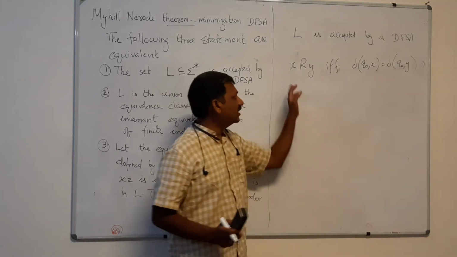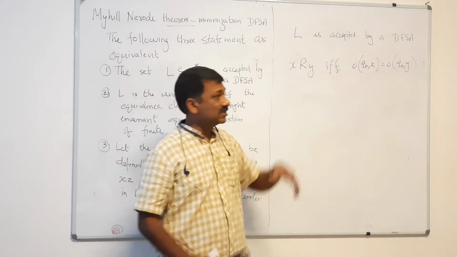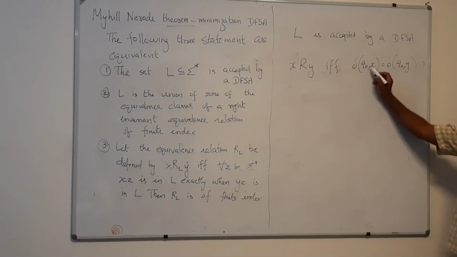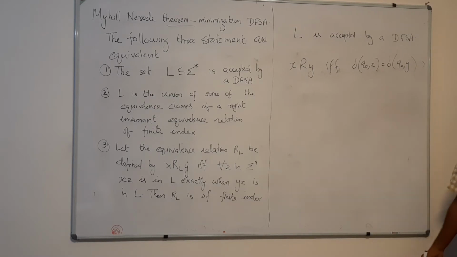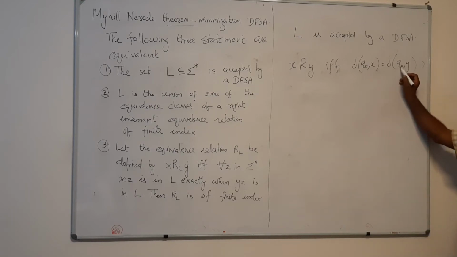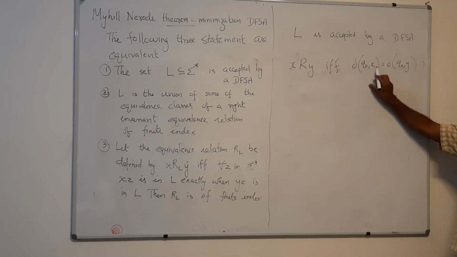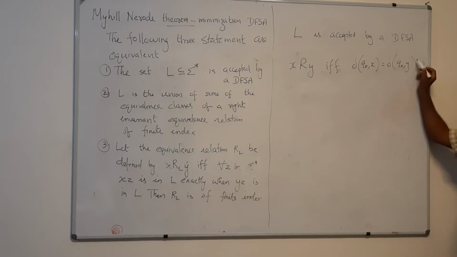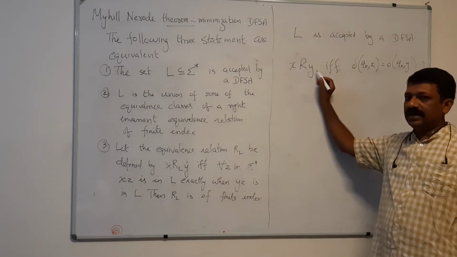That means x and y belong to the same equivalence class: q0 upon reading x reaches some state, and q0 upon processing y reaches the same state. That's why x is related to y.